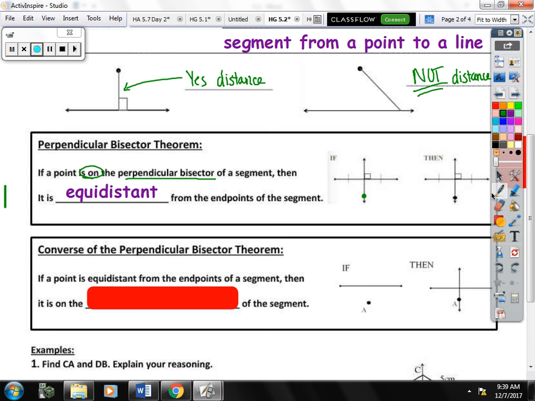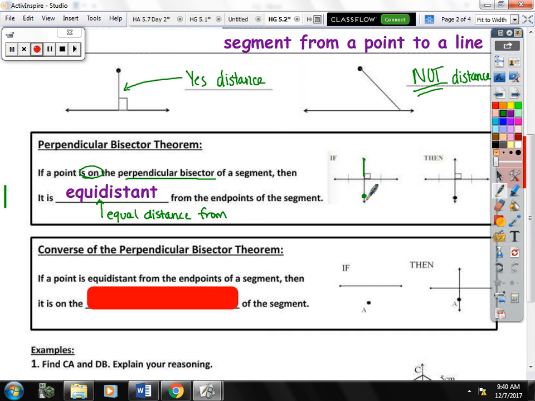Equidistant as a word means equal distance from either endpoint. So it's telling us that if this point is on the perpendicular bisector, then it is equal distances from the two endpoints.